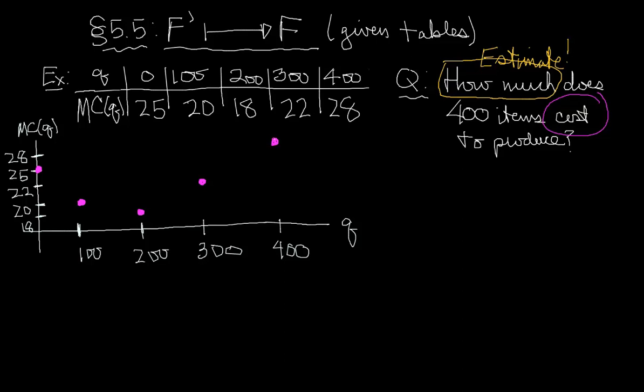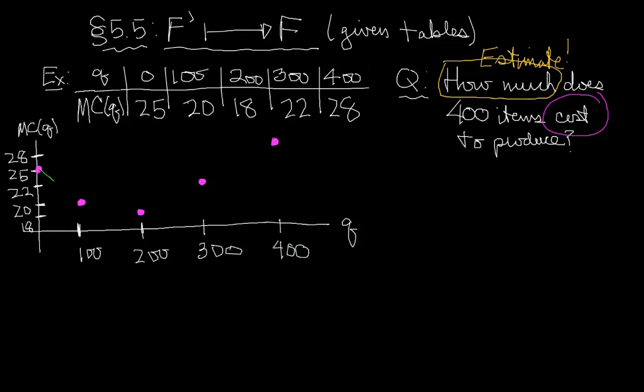So we can see that the marginal cost function looks like it might be concave up, it might actually be concave down later, we don't know, but the fact is that it decreases and then it increases. We don't know exactly what's going on in between, but since we just want to estimate the cost of producing 400 items, what we're going to do is pretend that we can connect these dots by lines.